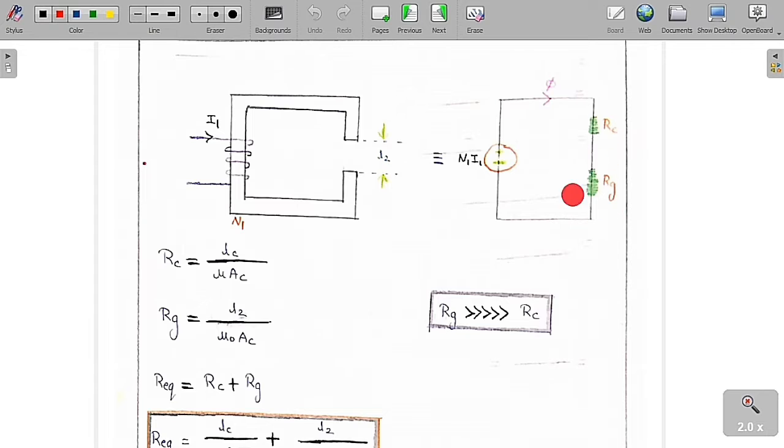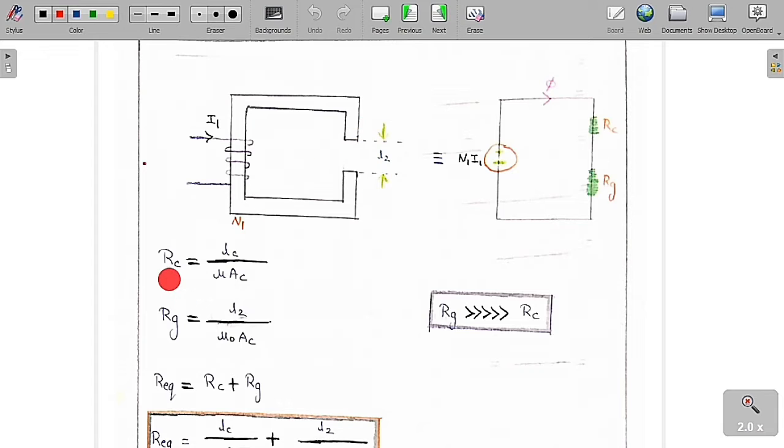These two are connected in series. The net MMF is the number of turns times the current, N1 into I1. This is the equivalent electric circuit for this magnetic circuit.